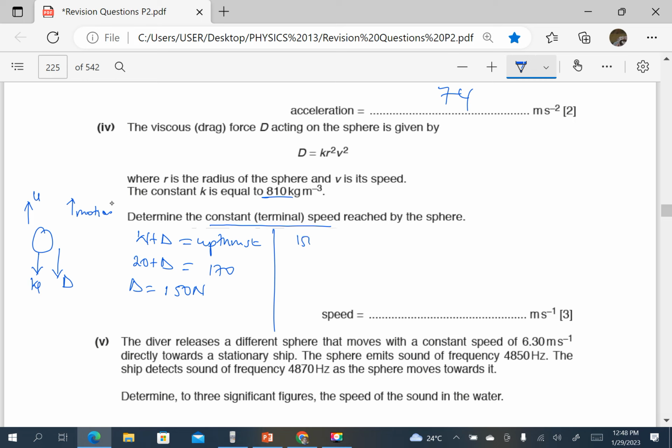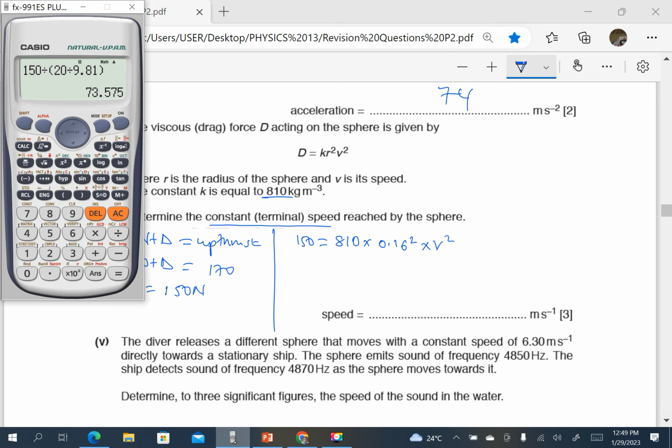So 150 is going to be equal to k, which is 810, times r, the radius, which was 16 centimeters, so 0.16 squared, then times v squared. So I'll just find v squared from 150 divided by, open brackets, 810 times 0.16 squared.